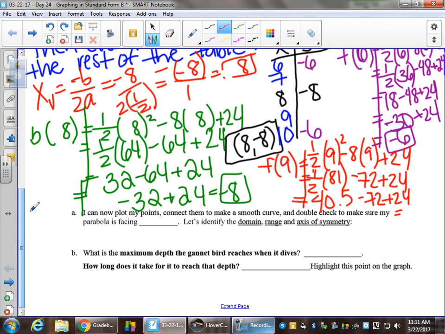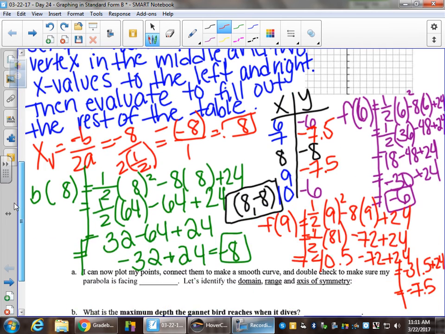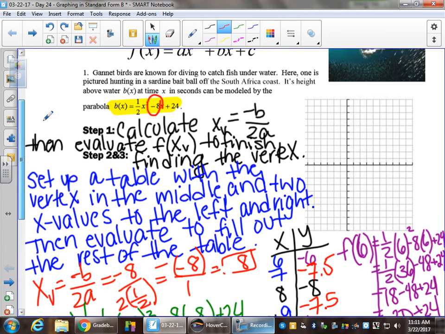Okay, so now we're going to do 40.5 minus 72. -31.5 gives you -7.5. Again, where is this -7.5 going to go? 7 and 9. Okay, so all of this work that we just did, let's make our graph. -7.5.